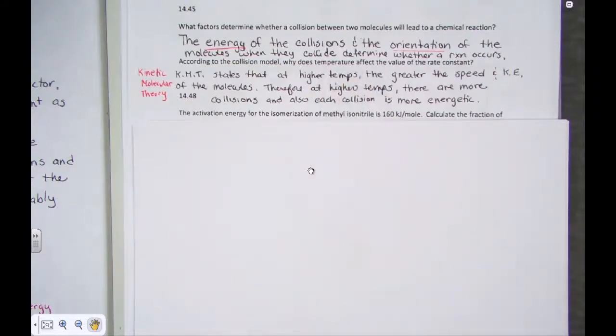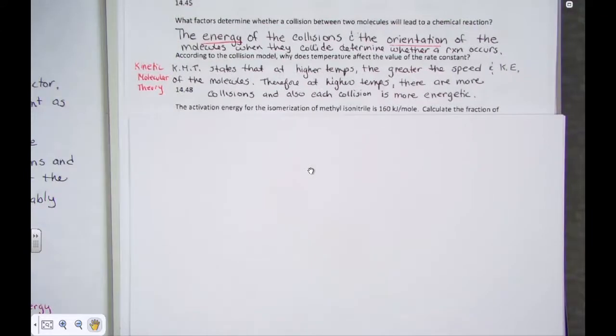If they have greater speed, they have greater kinetic energy, and more molecules are going to meet the criteria of getting over the energy barrier, the EA, activation energy. At these higher temperatures, the molecules are just more energetic, so the collisions are more successful, increasing the rate of a reaction.